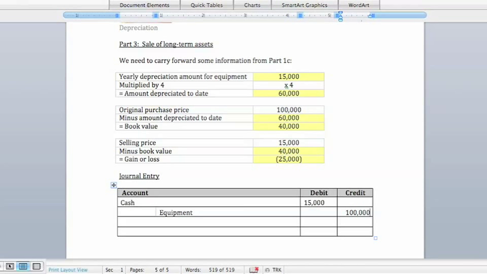And we also currently have accumulated depreciation of $60,000 that has been depreciated to date. We need to pull that off as well. That currently has a credit balance, and so we're going to have to debit accumulated depreciation for $60,000.